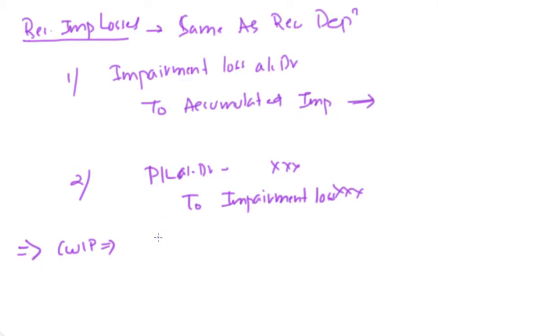Capital work in progress means you are constructing an asset. Simple as that. You are constructing, suppose, this asset, and you are putting in all the material, labor, and overhead that is supposed to be capitalized. After the construction completes, we need to transfer the CWIP to the main PP&E. What do we mean by completes?